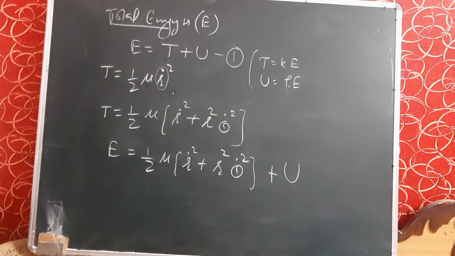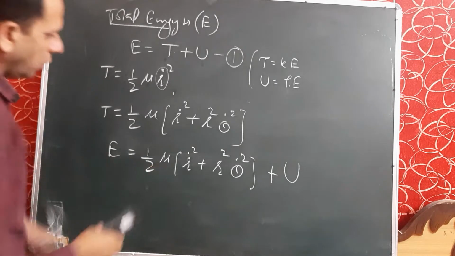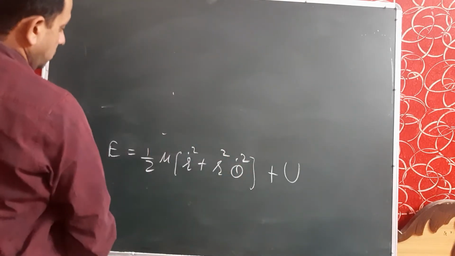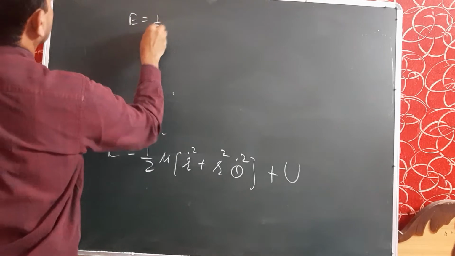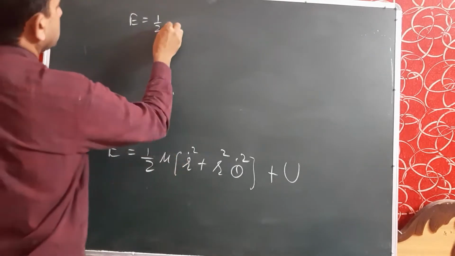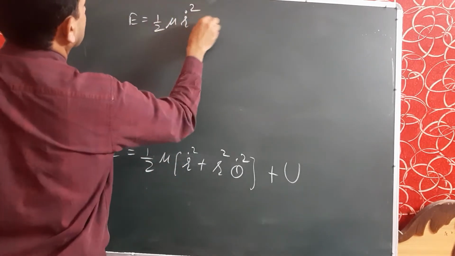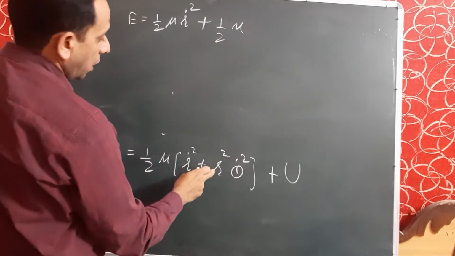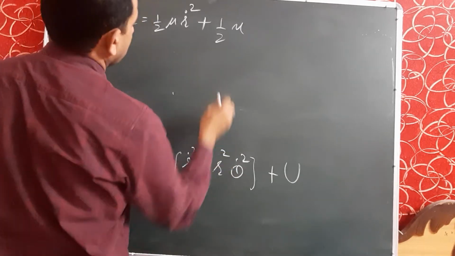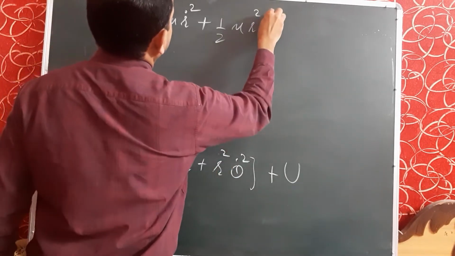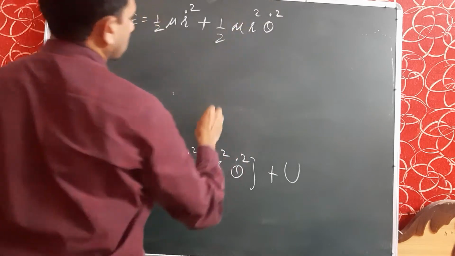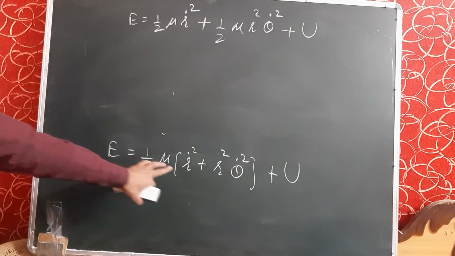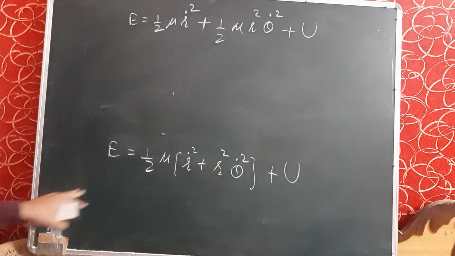Now solve this equation from the right hand side, and we get E equal to half mu r dot square plus half mu r square theta dot square plus U. So I have multiplied these terms with half mu.